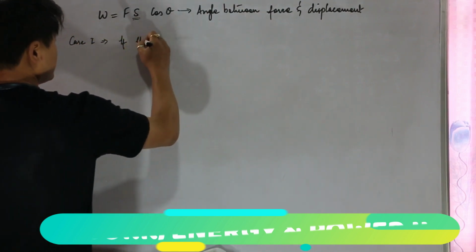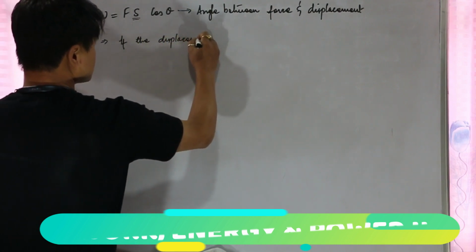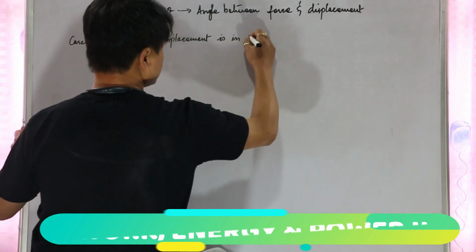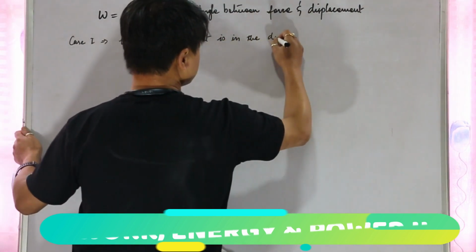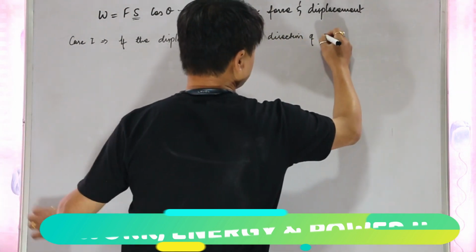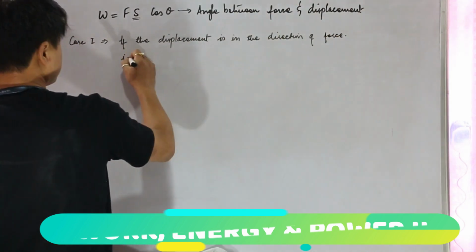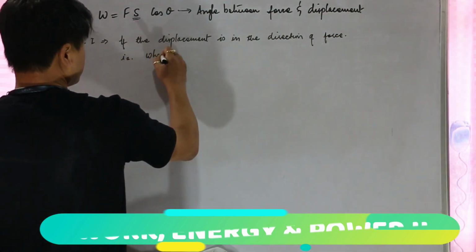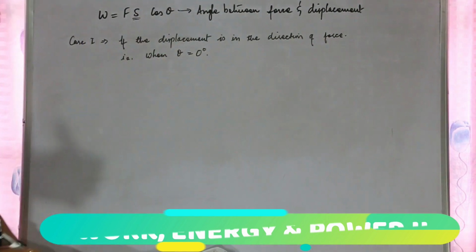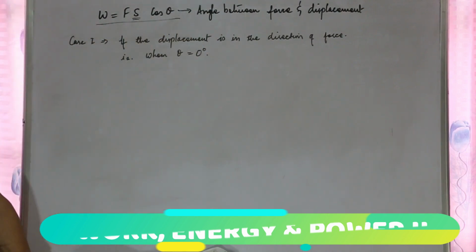If the displacement is in the direction of force, that is when theta is equal to 0 degree, because work done is force into displacement into cos theta.